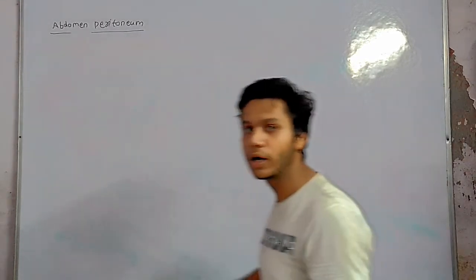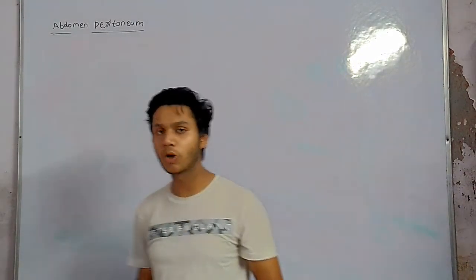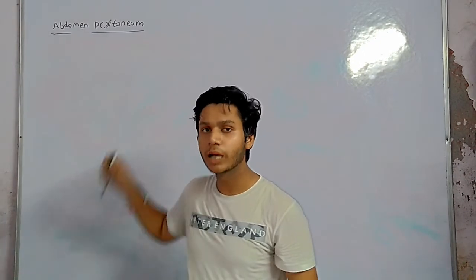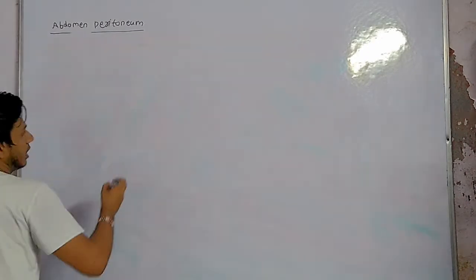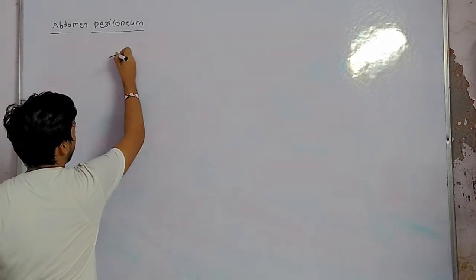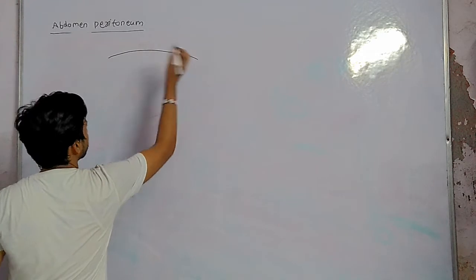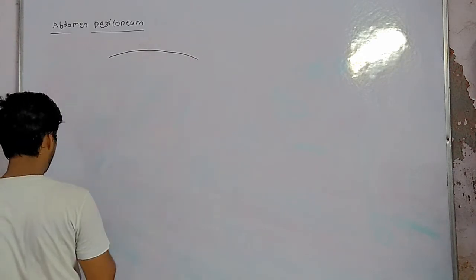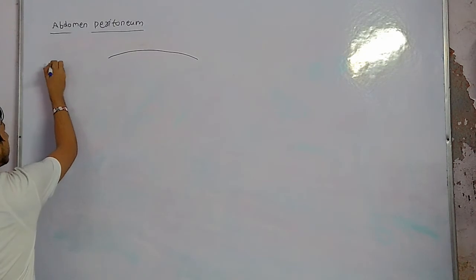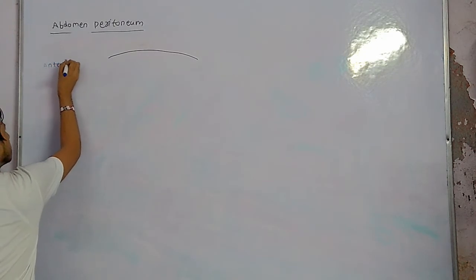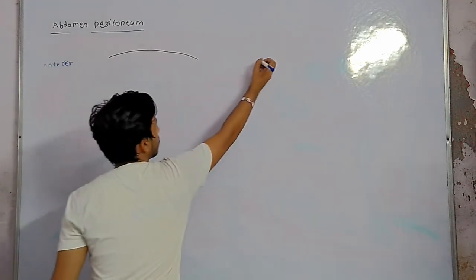Now, first to understand the organ relations according to the peritoneum, we draw the complete sagittal section of the abdomen. Above this is the diaphragm, and here is the liver. This is anterior and this is posterior.